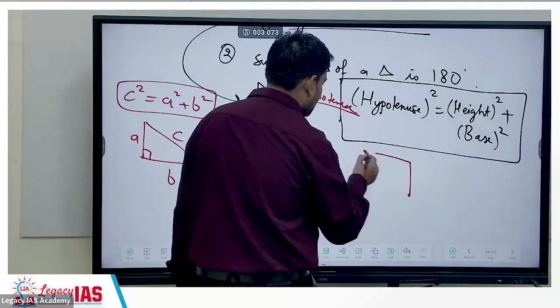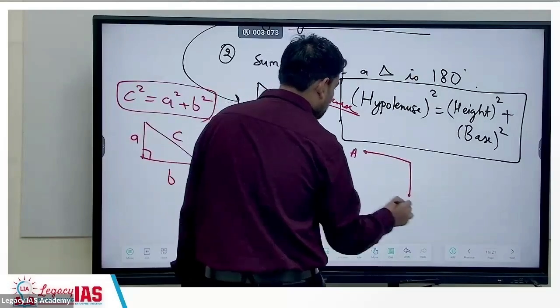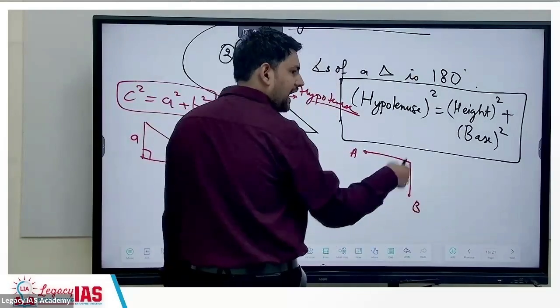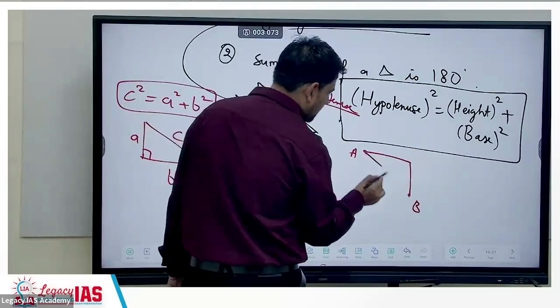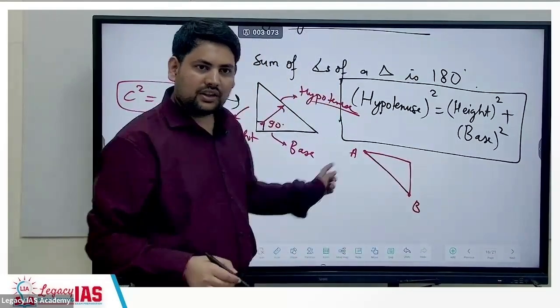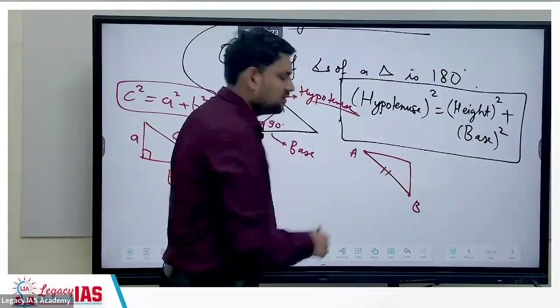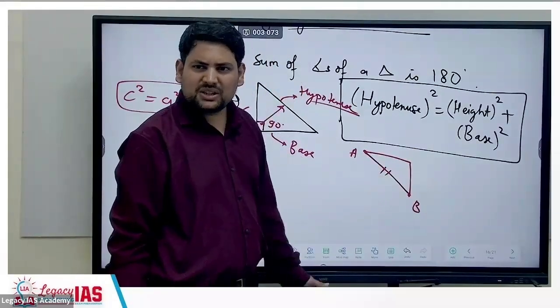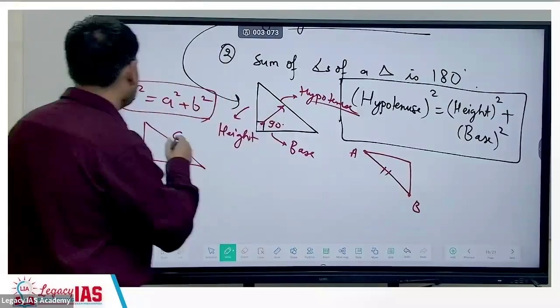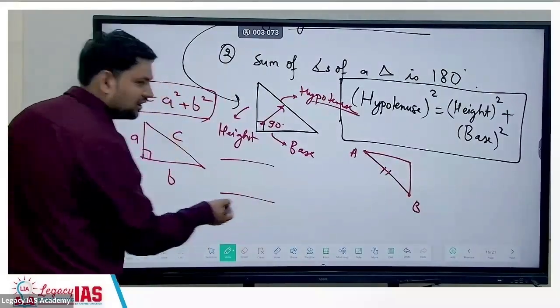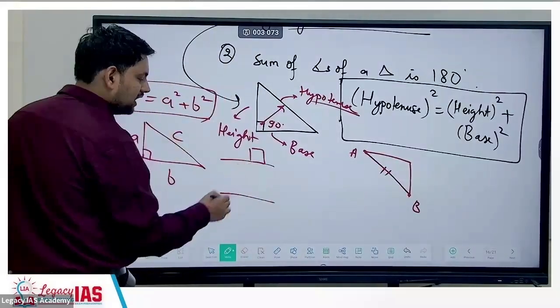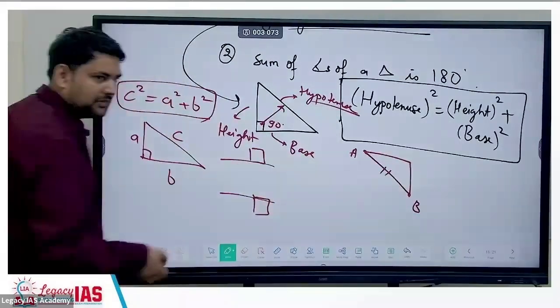So understand like this. If I have to go from A to B, there can be many paths, but if you draw any right angle triangle and you draw its hypotenuse, this is the shortest path. You must be knowing this, like while going to school, there is a school ground, here is your class, here is your main gate.